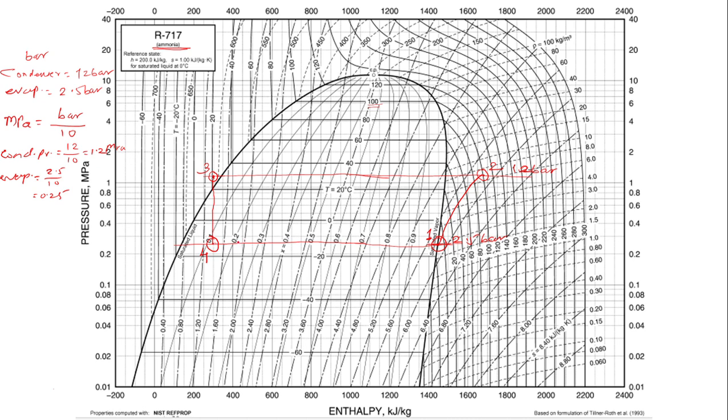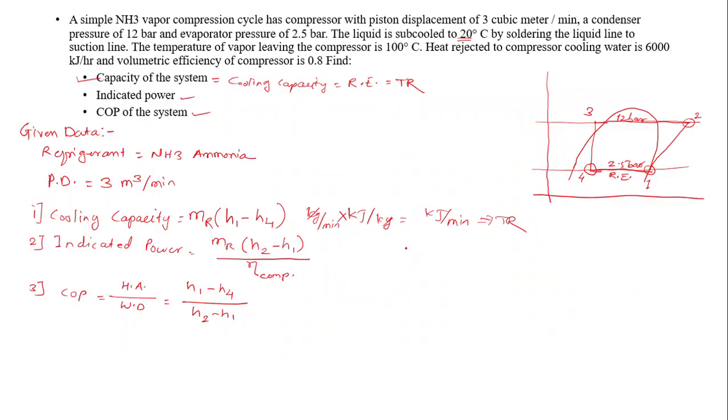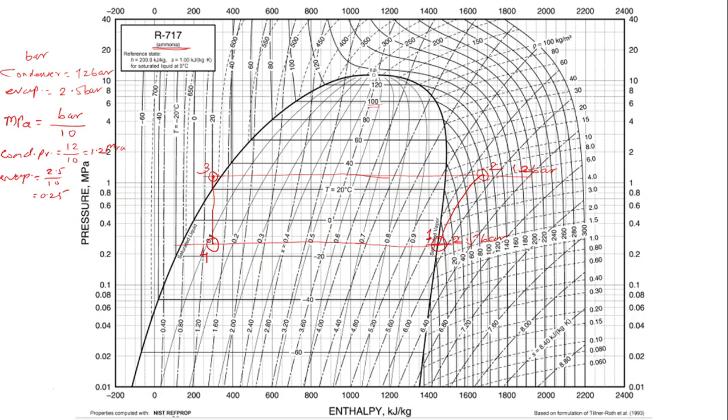Fine. Now at the various points like point number 1, 2, 3, 4, I will note down the enthalpies. These enthalpies are required to calculate the required data. As you can see, all the formulas are in terms of the enthalpy. So we'll go on noting down the enthalpy values. With respect to point number 1, if I draw a perfectly vertical line over here, it will fall between 1400 and 1600.